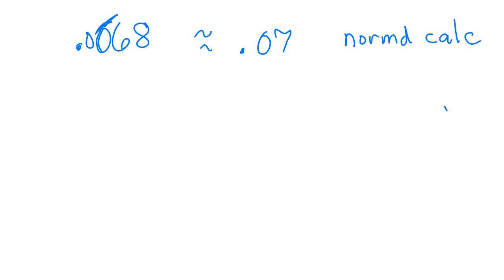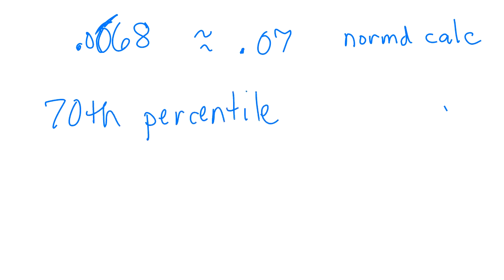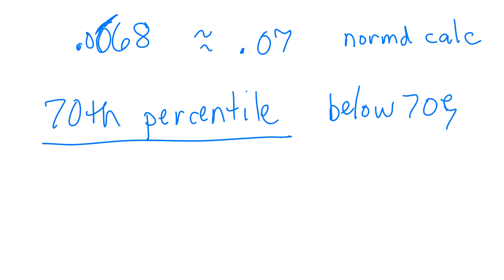Okay, on the last one in 3.3, it also asks for the 70th percentile. So let's do the 70th percentile here. What did we say percentile means? Below the number. Right, so below the number we have. So let me go switch to the calculator.